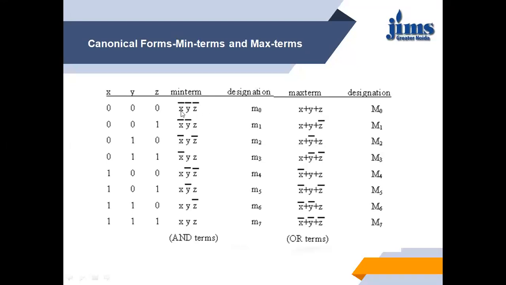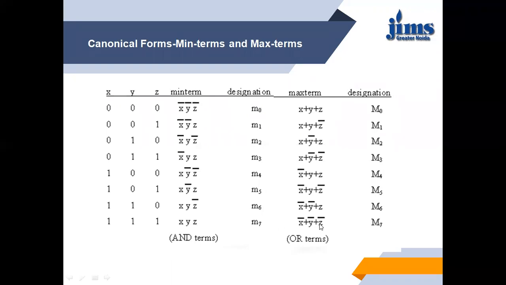So if I take the complement of x bar and y bar and z bar, whole bar, then it comes to be x double bar or y double bar or z double bar, and x double bar is nothing but x, so x or y or z. So the max terms and min terms are complements of each other. If for 7 the min term is x, y, z, then I take the complement of this, and it will be x bar or y bar or z bar.